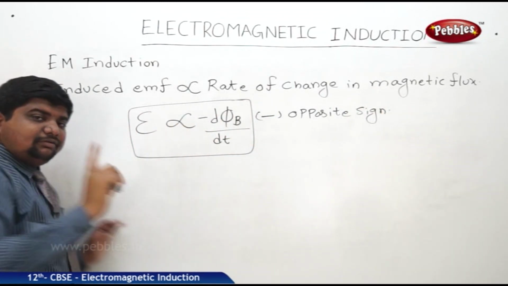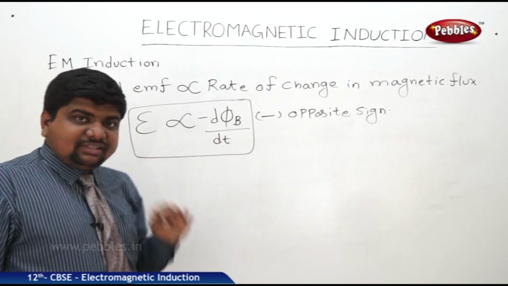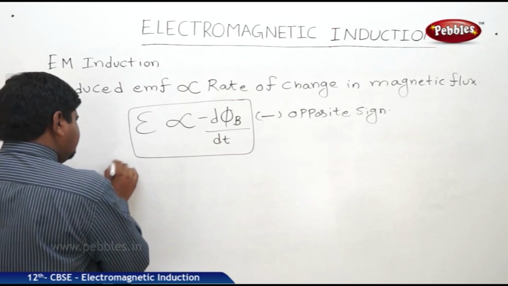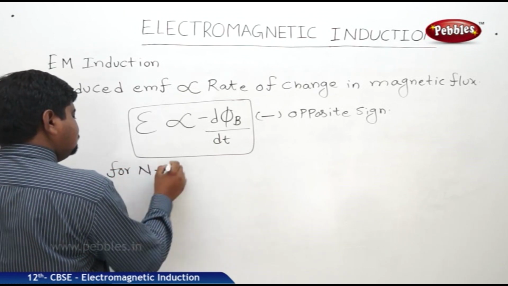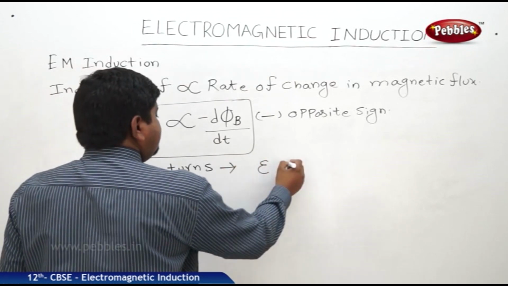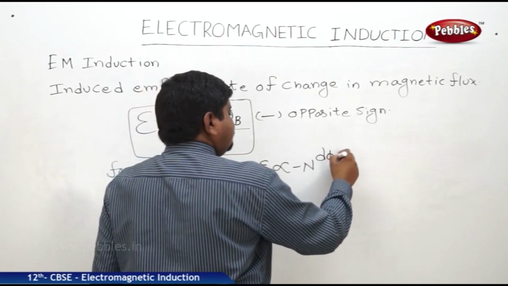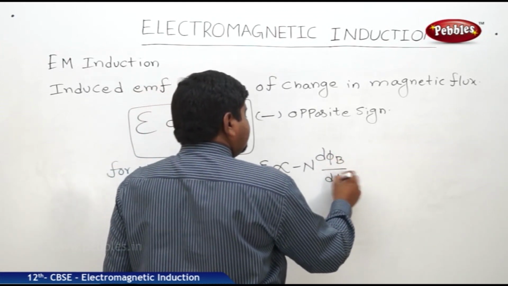And this is for a single coil, or a single turn of the coil. If there are n turns in the coil, for n turns the same equation becomes E is proportional to minus n into d phi B by dt.